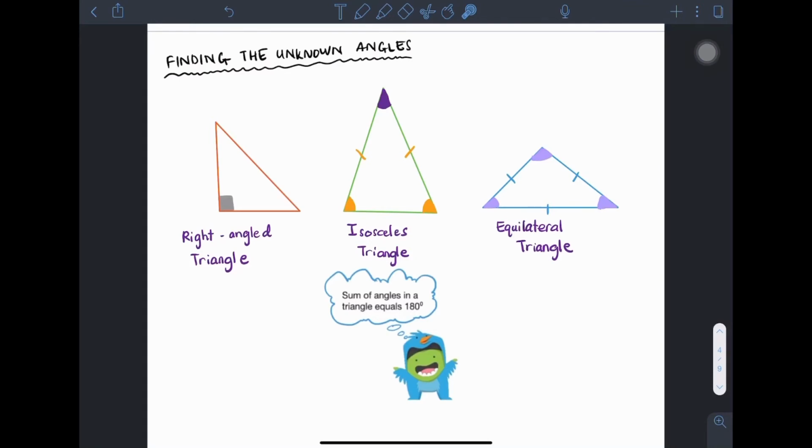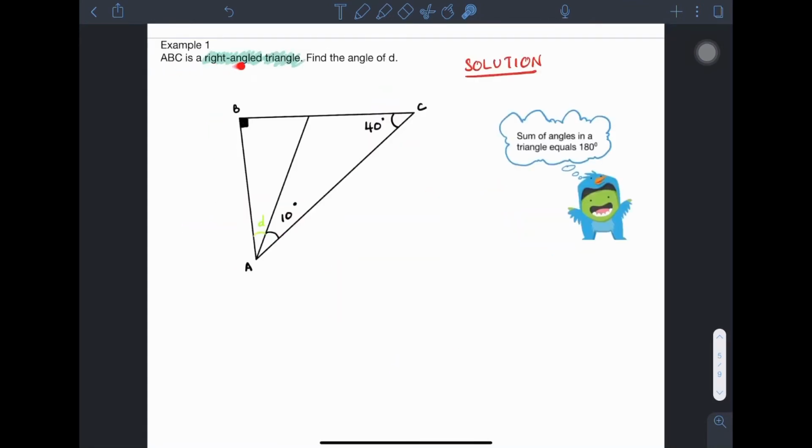Alright? ABC is a right angle triangle. Find the angle of D. They want you to find this angle, just this part. We already know that it is a right angle triangle, which means this angle here is 90 degrees. This angle here, we know it's 40 degrees.